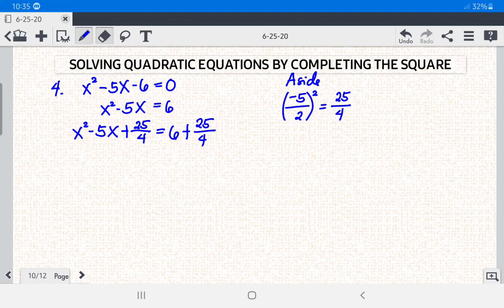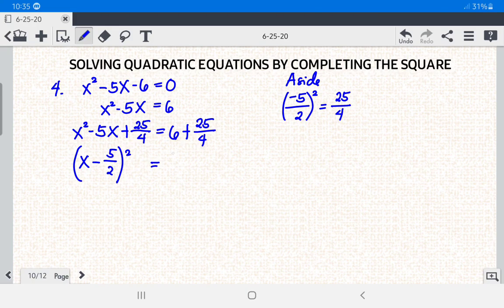We're going to write that as a square of a binomial. So we have the square root of x squared, x, minus the square root of 25, which is 5, over the square root of 4, which is 2. Then square it, equals 6 plus 25 over 4.